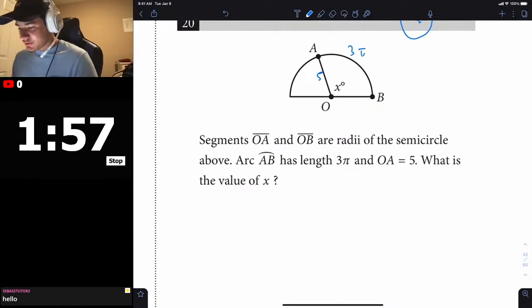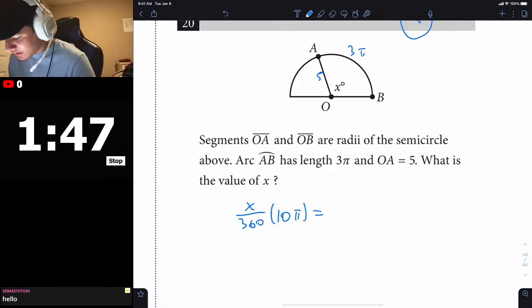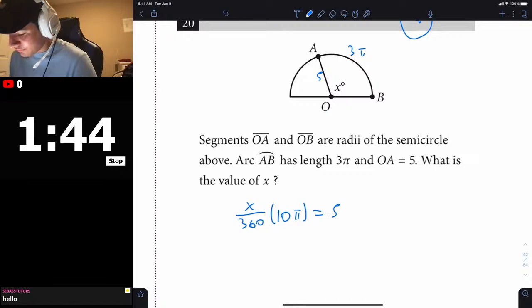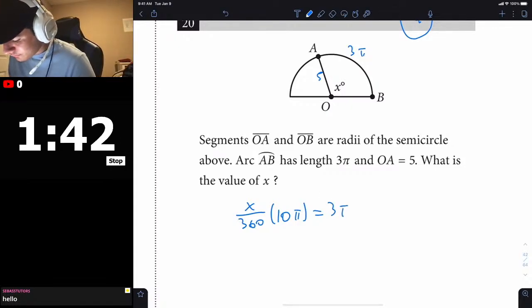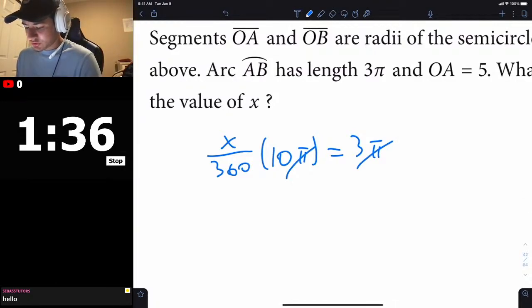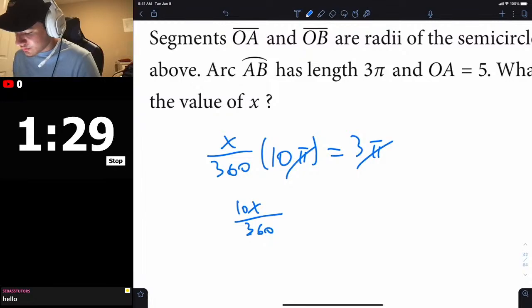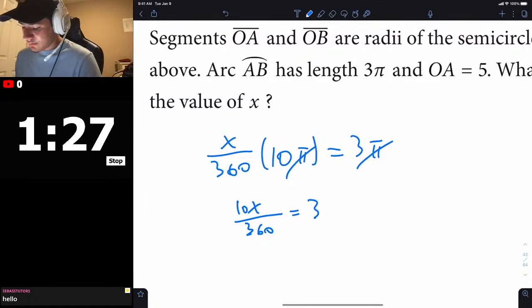We can do that. Alright, so theta is going to be our x value. So x over 360 times 2 pi r. In this case, that's 10 pi, right? And then that's going to equal 3 pi. We can cancel out these pi's. So 10x over 360 is equal to 3.